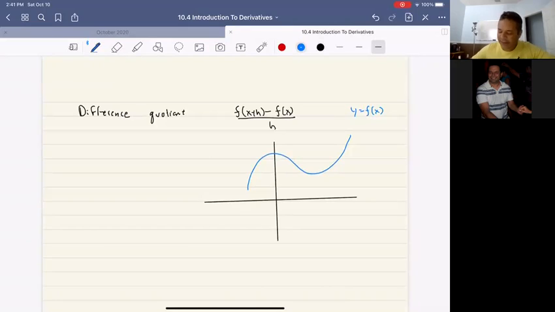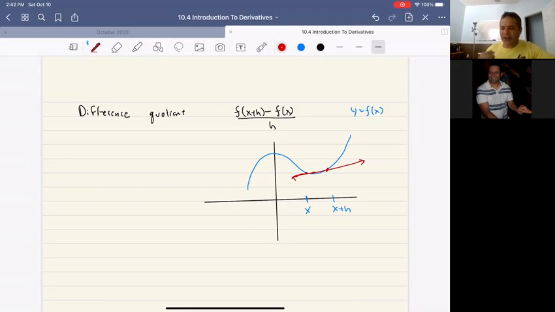Okay, and let's say we have a point here. We'll call this one x, and this one x plus h. We're taking the slope of the line that connects them. Okay, that's what that difference quotient was.